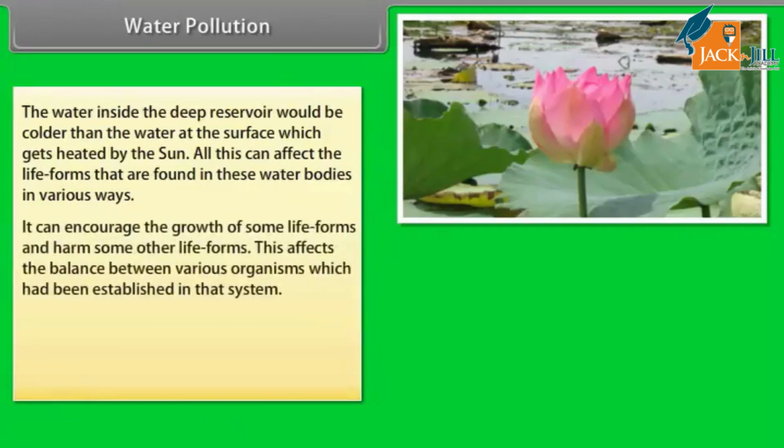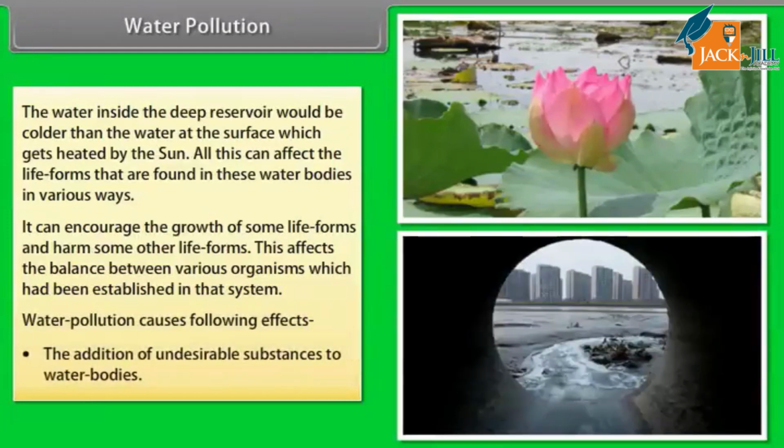It can encourage the growth of some life forms and harm some other life forms. This affects the balance between various organisms which had been established in that system. Water pollution causes the following effects: the addition of undesirable substances to water bodies.